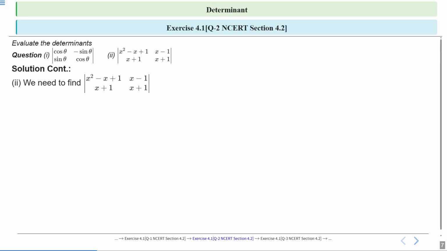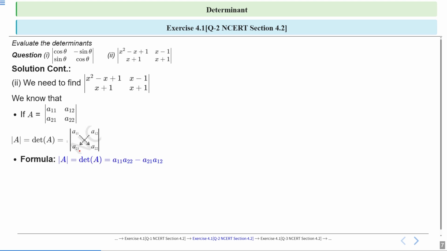Now we need to find the determinant of x square minus x plus 1, x minus 1, x plus 1, x plus 1. We know that the determinant of A of order 2 cross 2 is A11 into A22 minus A21 into A12.